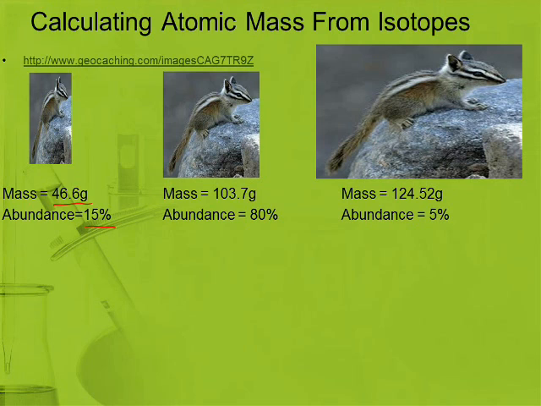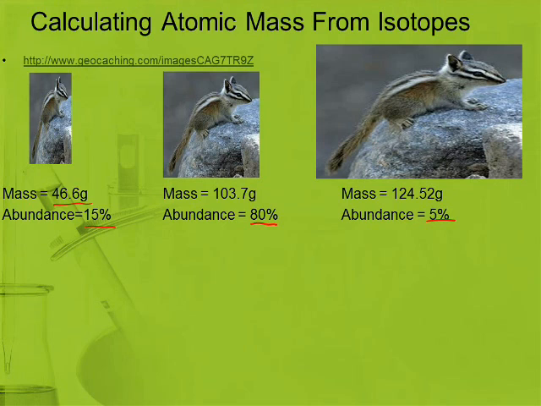Now I just made this up. I don't know the actual abundances, but I think most of them weigh about 103.7 grams. But don't take it that these are the actual relative abundances.